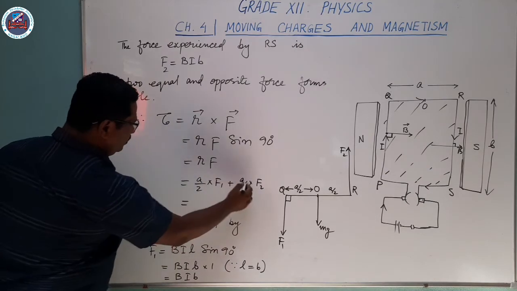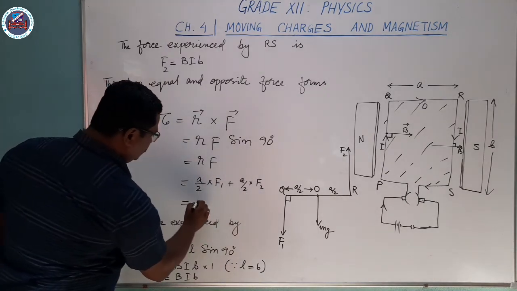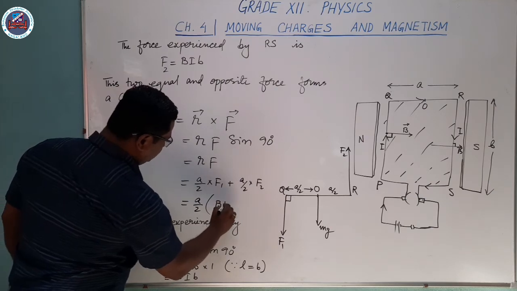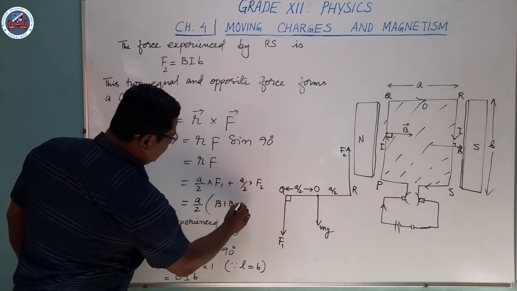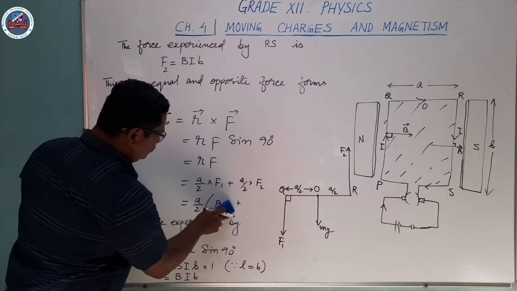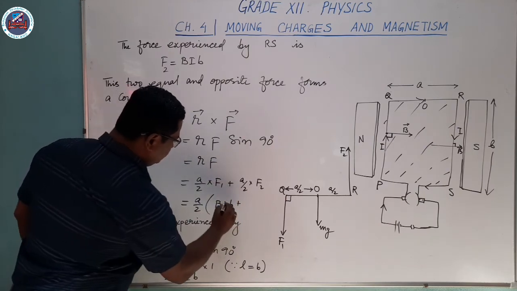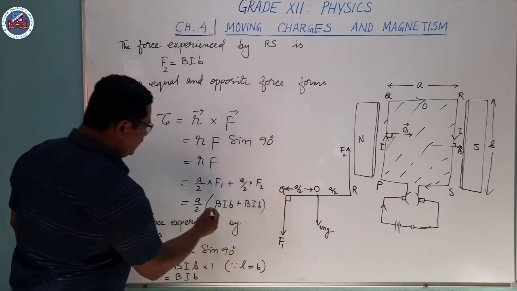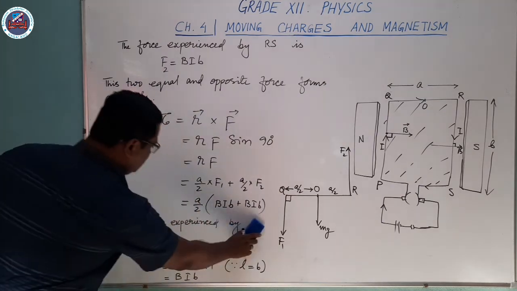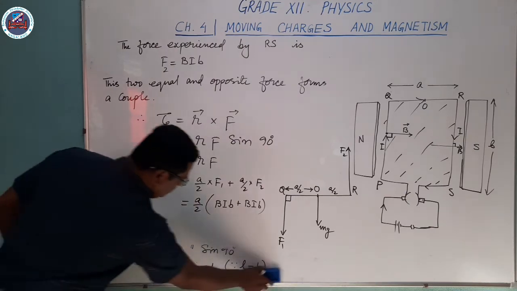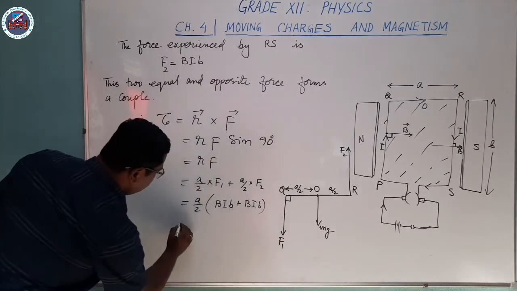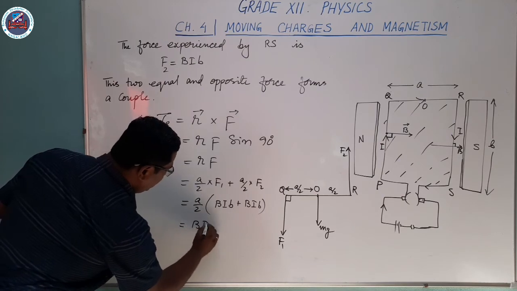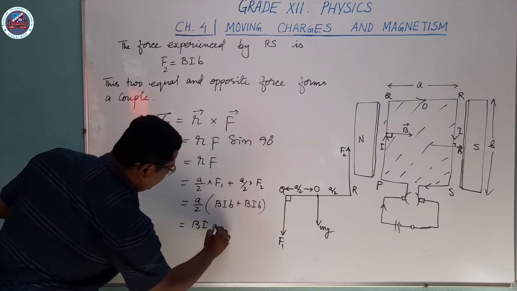So A by 2 we can take common: F1 BIB plus F2 BIB gives us 2 times BIB. So this 2 and this 2 will get cancelled. Ultimately you will get BIA into B, which becomes AB.